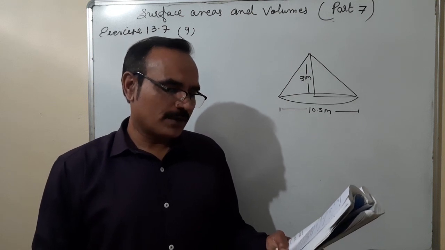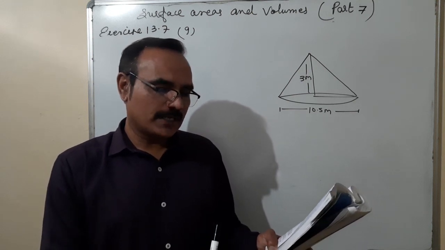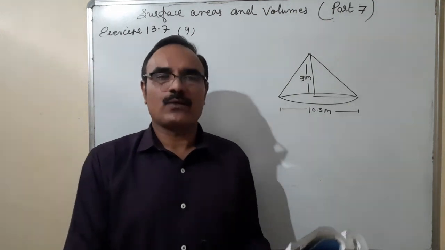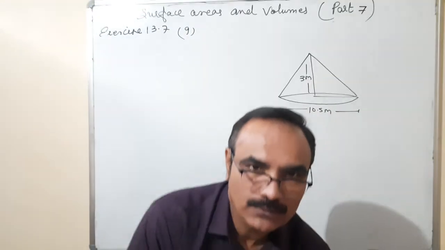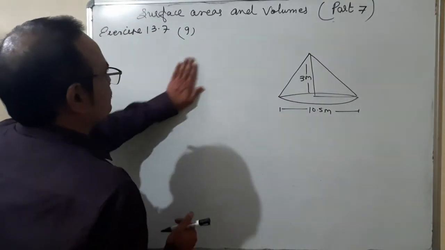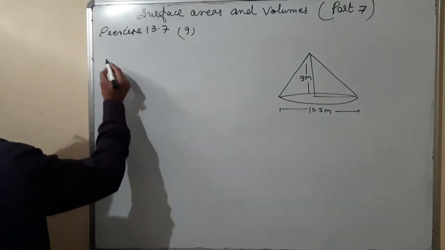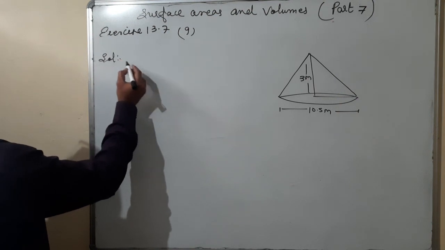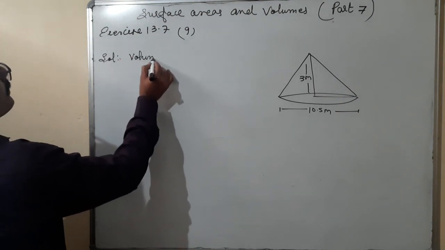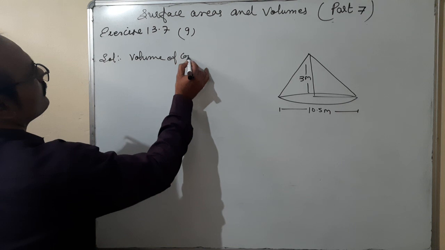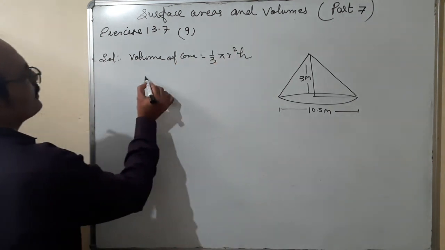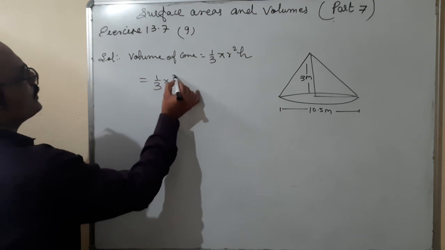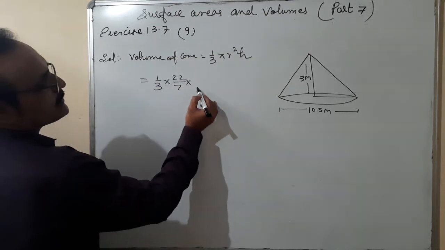The wheat is to be covered by canvas to protect it from the rain. Find the area of the canvas required. So that means two things we are finding. First, we are finding the volume of the cone. Volume of cone is equal to 1 upon 3 pi r square h, 1 upon 3 into 22 upon 7, radius square.